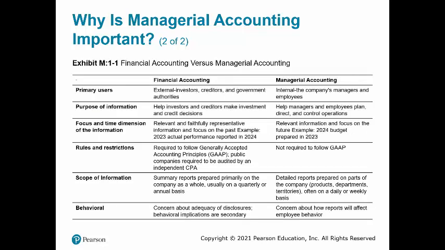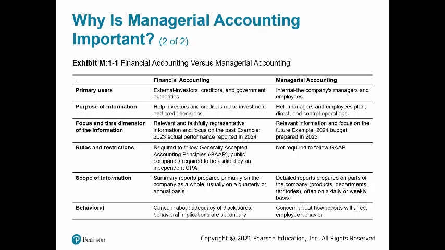So this slide shows the differences between financial and managerial accounting. As we mentioned in the previous slide, most of the users of financial accounting information are going to be external to the business. So these are the investors, the creditors, and governmental authorities.